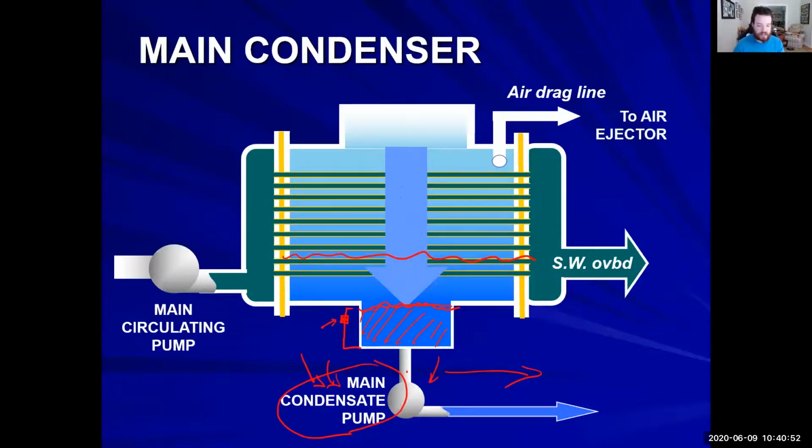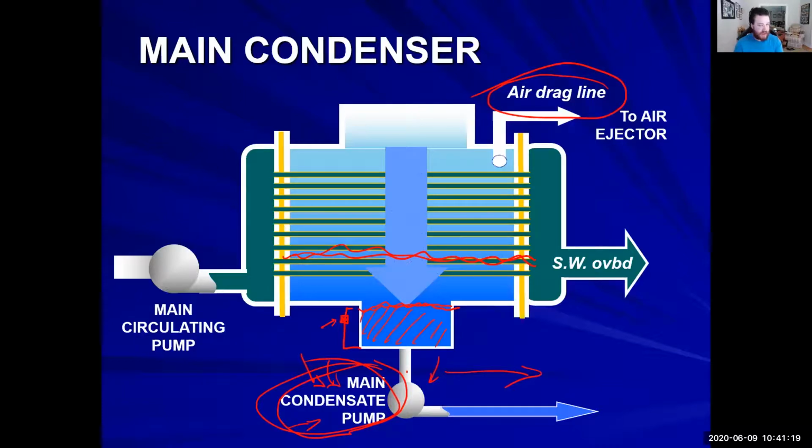You don't want this main condensate pump to become airbound. Now you can't prime it again. You also don't want to fill this up to the point where you lose heat exchanging. And remember, the biggest thing here is that this is in a vacuum. If this becomes airbound, boom, all of a sudden you're adding a huge amount of air into the situation, and your air ejectors are not going to be sucking out anything.